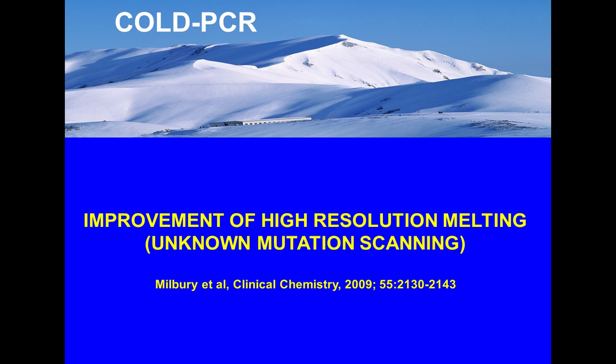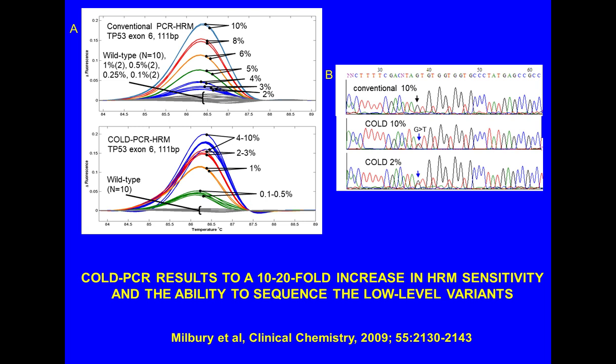So, obviously, application with COLD-PCR is something we wanted to consider here, especially since COLD-PCR enriches mutations anywhere on the sequence, and HRM detects mutations anywhere on the sequence by using mutation scanning HRM. So the two technologies work together very well.